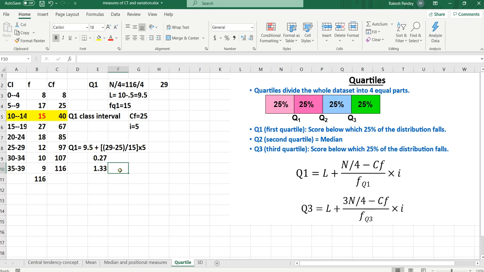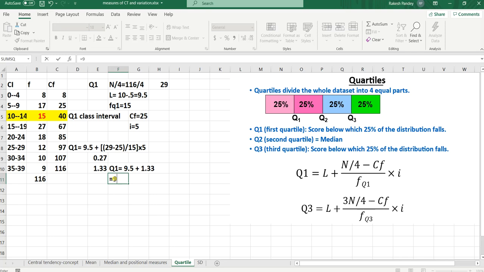So now again writing, Q1 is equal to 9.55 plus 1.33, and let us do it by Excel.